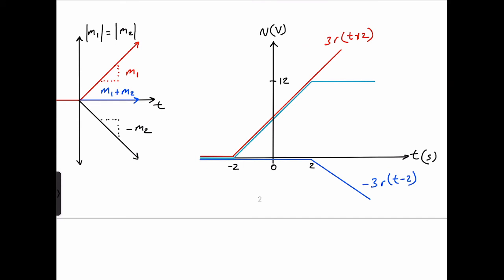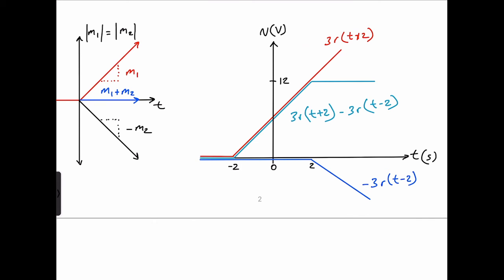So in teal, this is a composite function, which is a composition of both of these. If we say that v of t is equal to 3r t plus 2 plus the negative, that's a negative 3, which we could write in blue, but it's in teal, so it doesn't matter. So that's 3r t minus 2.